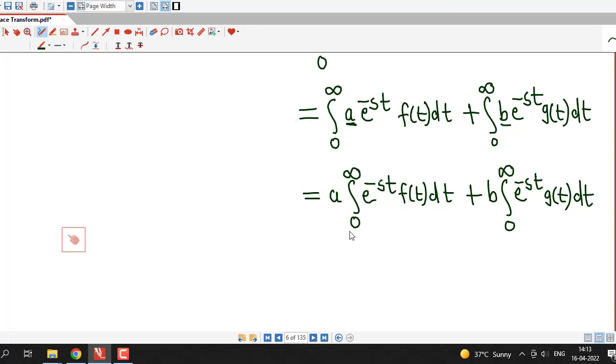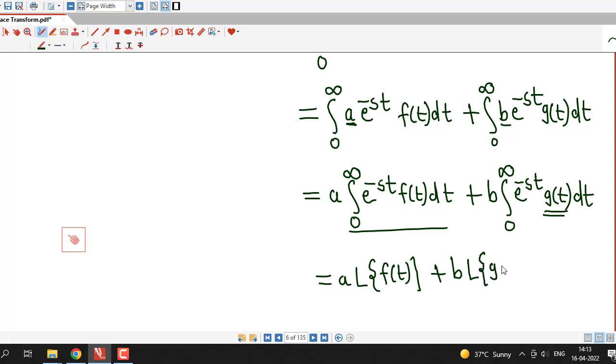Now if we observe, this is nothing but the Laplace transform of the function f. This is by the definition of Laplace transform of f of t, and similarly by the definition of Laplace transform, here we have the Laplace transform of the function g.